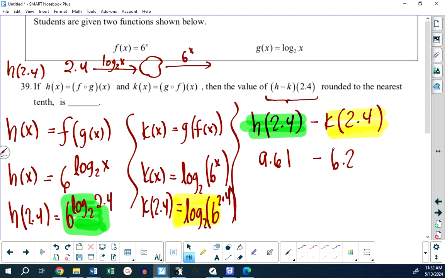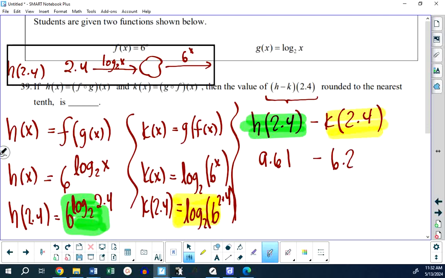Which I really hope that everybody sees that this is the exact same thing as this. You might want to just roll that around in your head for a second. That putting 2.4 into log base 2 of x and then the result into 6 to the x is the same as taking 6 to the log base 2 of 2.4.